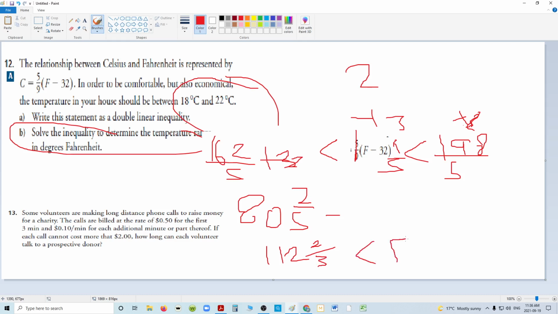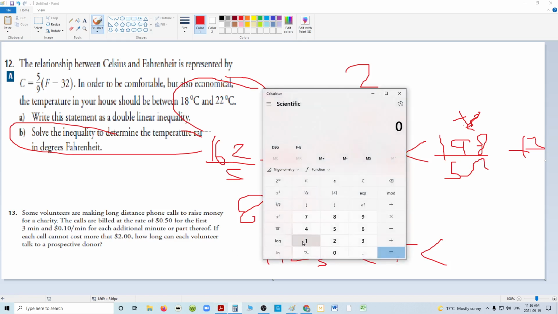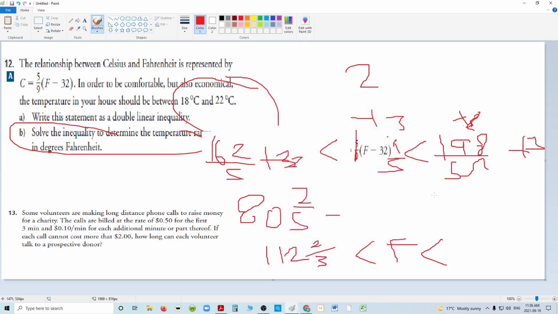And what about this one? It goes into 198. My brain's stuck. 198 divided by 5 is 39 and 3/5, plus the 32. So I kind of got this wrong somewhere.